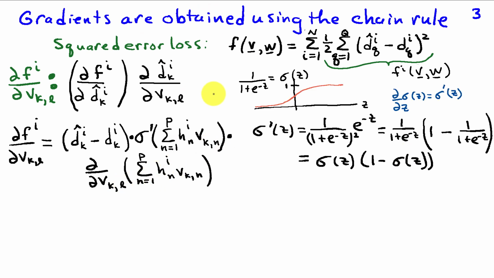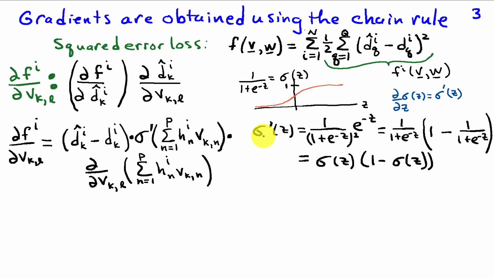So recall that the activation function we're using in this example is 1 over 1 plus e to the minus z. If z is large and negative, that's going to be 0. If z is large and positive, it's going to be 1, and it crosses 1/2 when z is equal to 0. So clearly the derivative is going to be 0 when z is large and negative, and 0 when z is large and positive, and takes the maximum value when z is equal to 0.